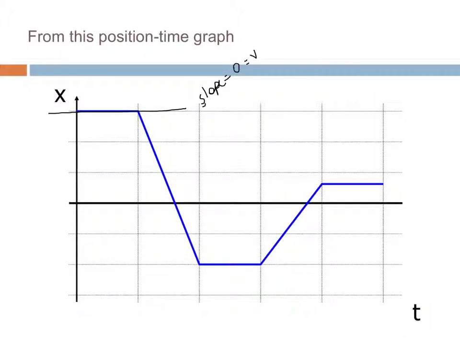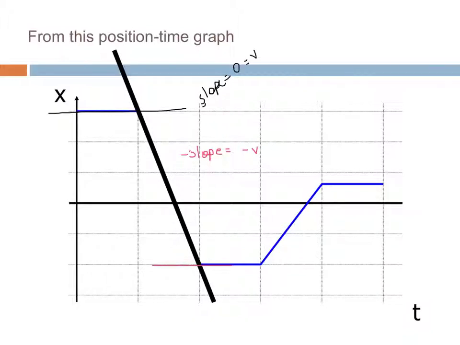If the slope is equal to 0, then the velocity is equal to 0. Then I can draw a tangent line over here. Look at the slope of that line, which I can see is a negative slope. Meaning I have a negative velocity at this point.